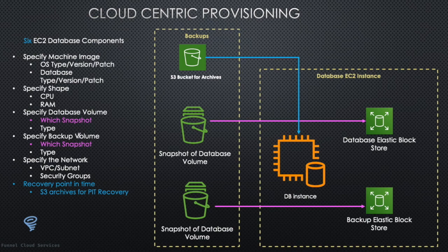For the volumes, there's one difference. Instead of asking for just the type and the size, it's the type and the snapshot we'll be using to provision those. And then same VPC details, and then we push it to S3. This allows me to do not just the daily backups, but to roll forward to 442 on Tuesday if that's what you need.